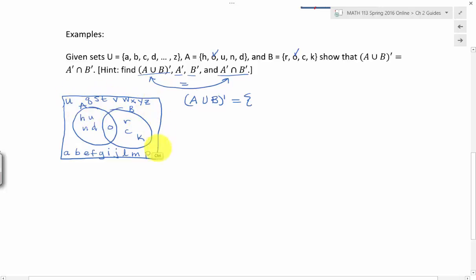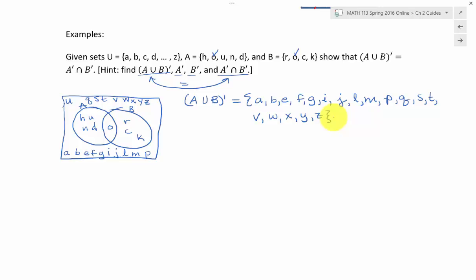So the complement is going to be all those letters that we wrote around the edges. And remember, sets don't have any particular order, but it is very convenient if we write our sets in alphabetical order because it's a lot easier to find what's been left off or what is in common with another set.